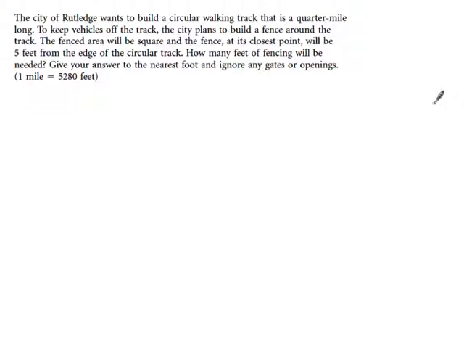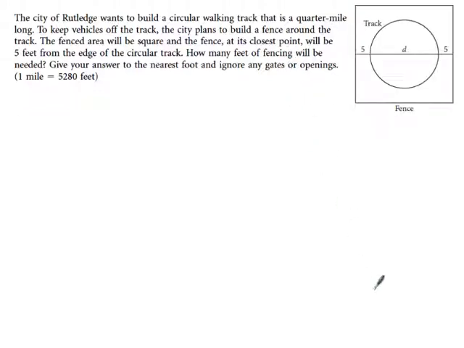To keep vehicles off the track, the city plans to build a fence around the track. The fenced area will be square, and the fence at its closest point will be 5 feet from the edge of the circular track. How many feet of fencing will be needed? So on yours, there should be a diagram.